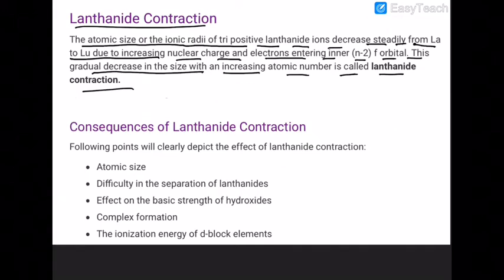There are some consequences, meaning results, of lanthanide contraction. These are properties like atomic sizes, difficulty in separation of lanthanides, basic strength of the hydroxides, complex formation ability of the lanthanoids, and ionization energy of the pre and post d block elements.